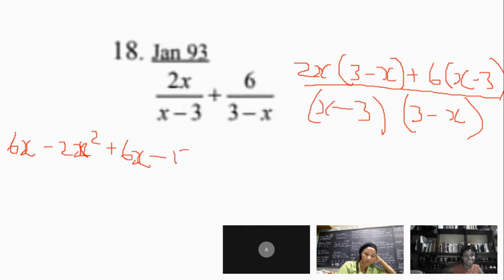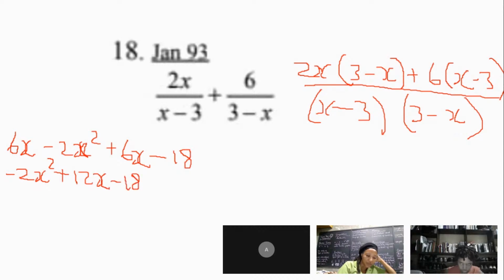Let's simplify this first. So 6x plus 6x is 12x. So it's negative 2x squared plus 12x minus 18.